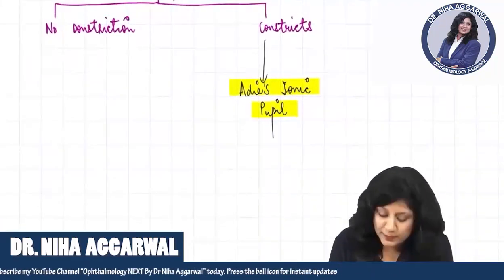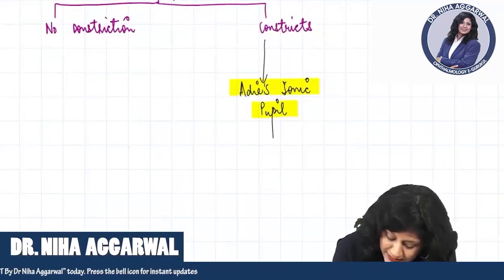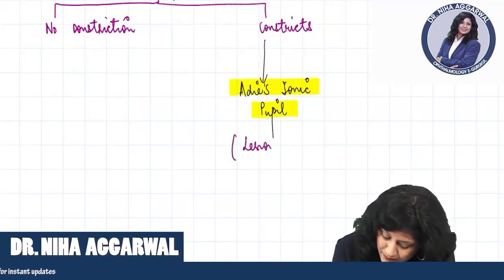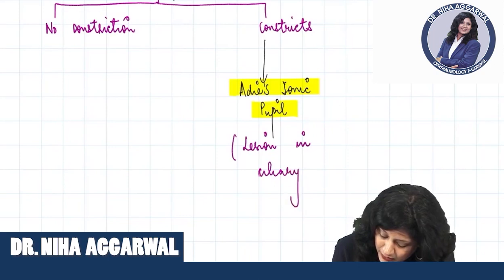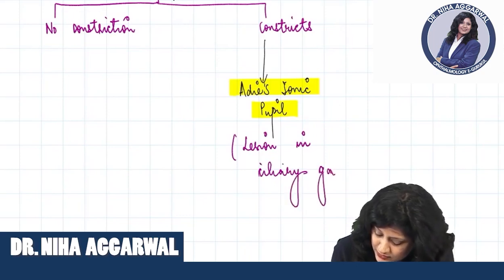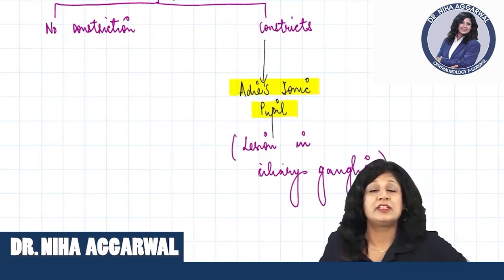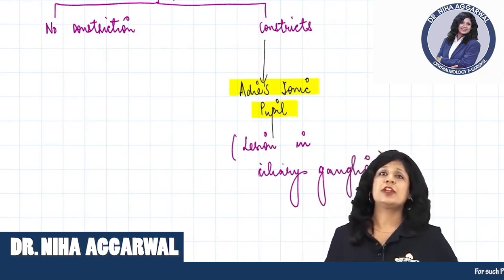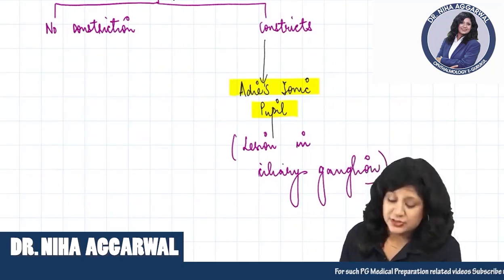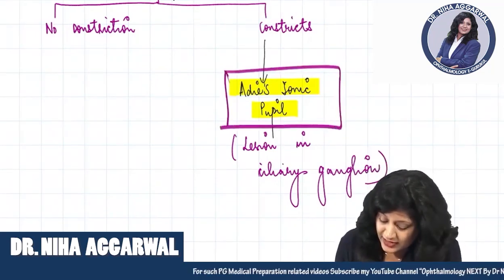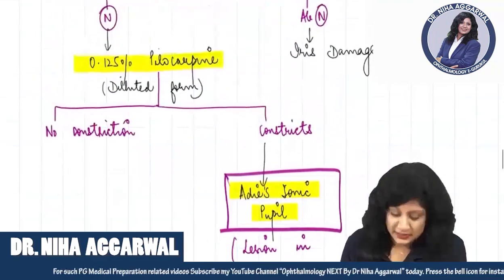In Adie's tonic pupil we have a lesion in the ciliary ganglion. Because of the lesion in the ciliary ganglion, we have what you call denervation sensitivity, and therefore it is the only type of pupil which constricts with such a diluted version of pilocarpine.